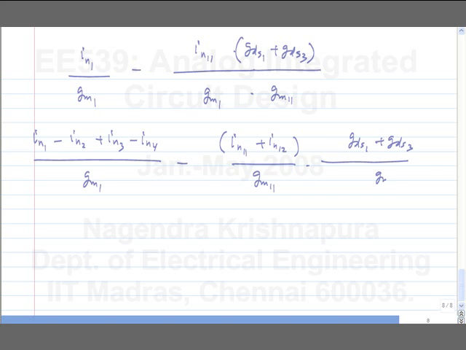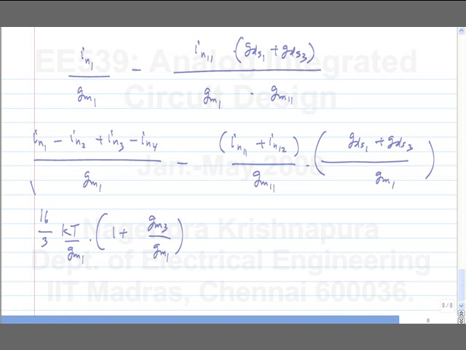So in terms of spectral densities, what do I get? Here, this part will give me the expression I had before, 16 by 3 kT by GM1, 1 plus GM3 by GM1. I mean, this is exactly what I had for the differential pair.